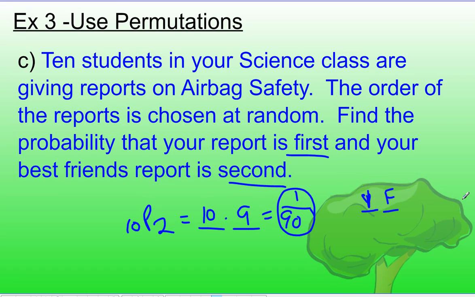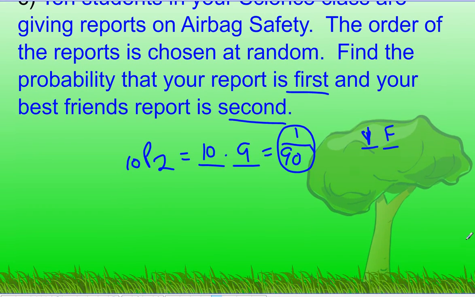Hopefully that makes sense. I want to show one time the way the textbook does this, the way the formula would do this. The way the textbook does it is they say the total number of permutations, the total number of ways you can arrange all these 10 students, would be 10 factorial, right?